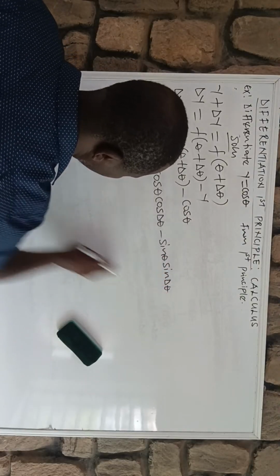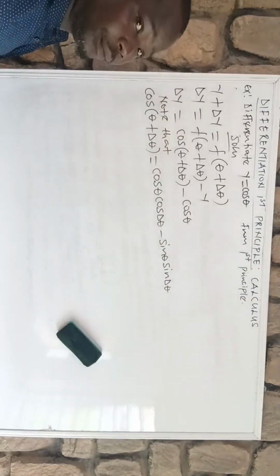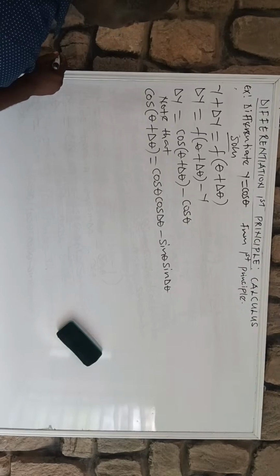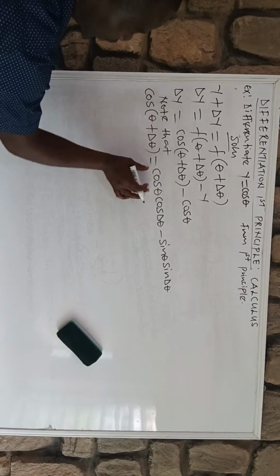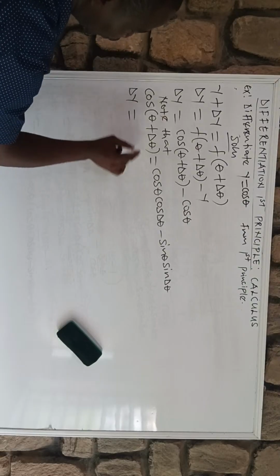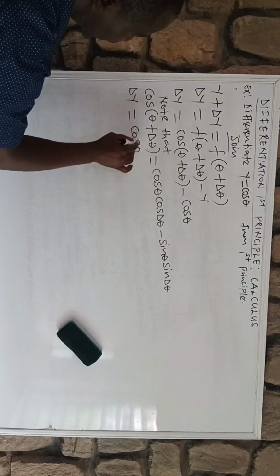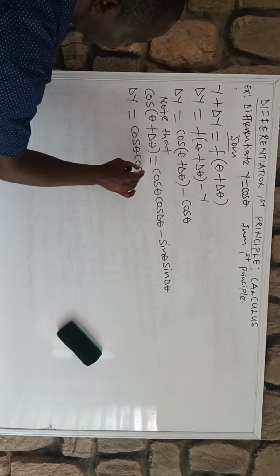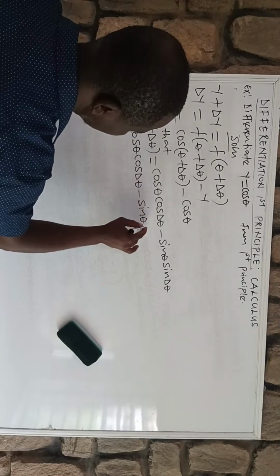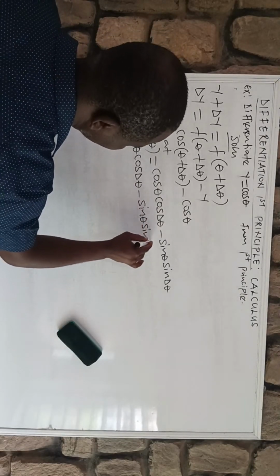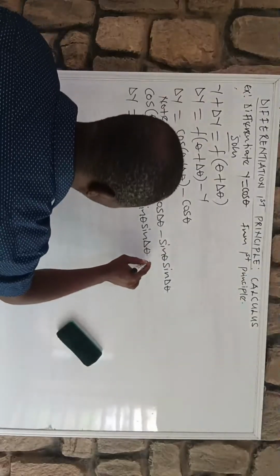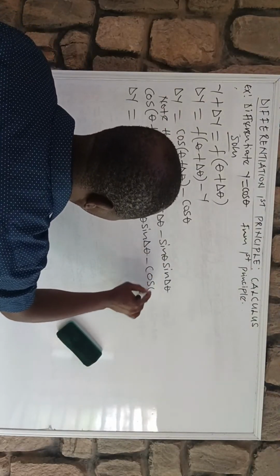Take note. Is that clear? So instead of this, we write this. So our dy is equal to cos theta cos delta theta minus sin theta sin delta theta, then minus cos theta.